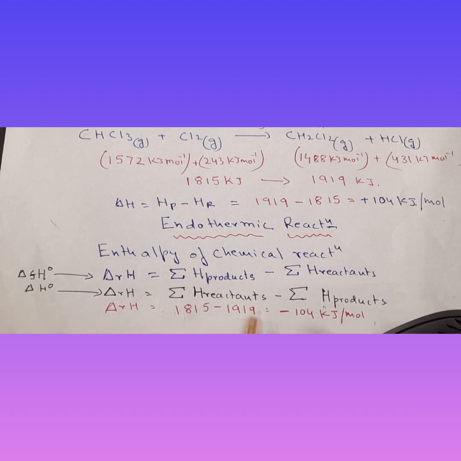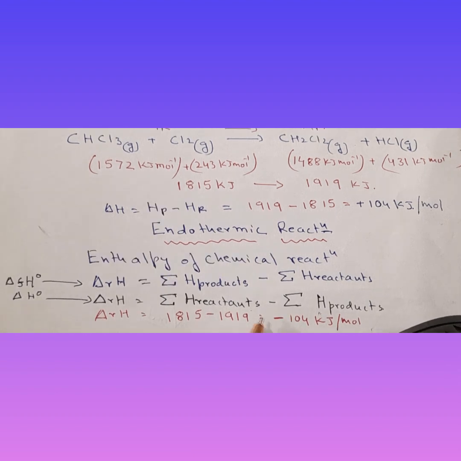When we do this, the value we get is minus 104 kilojoule per mole. Whenever it is negative, that itself means it liberates heat. This reaction would be liberating heat.